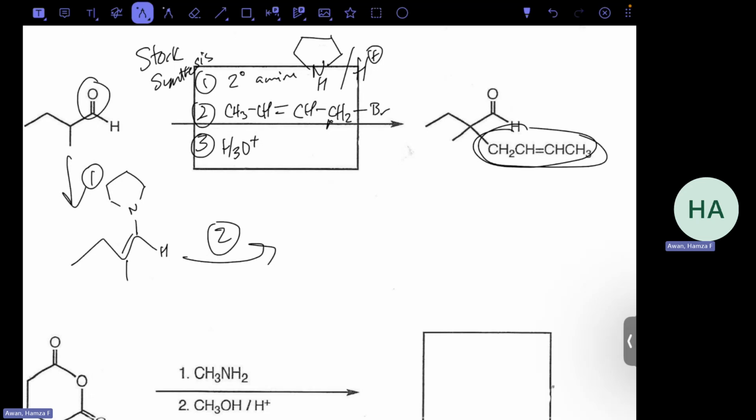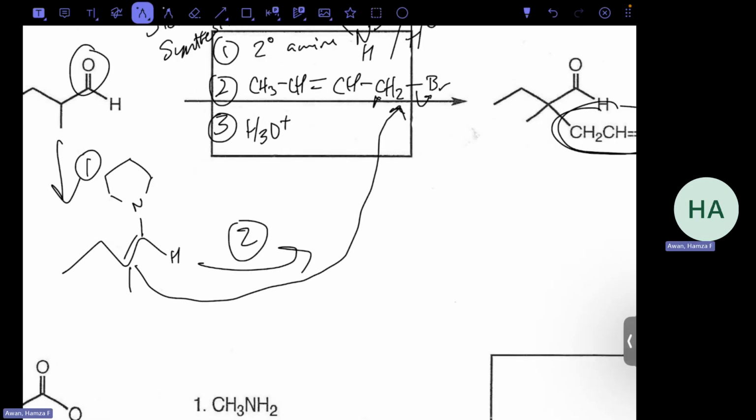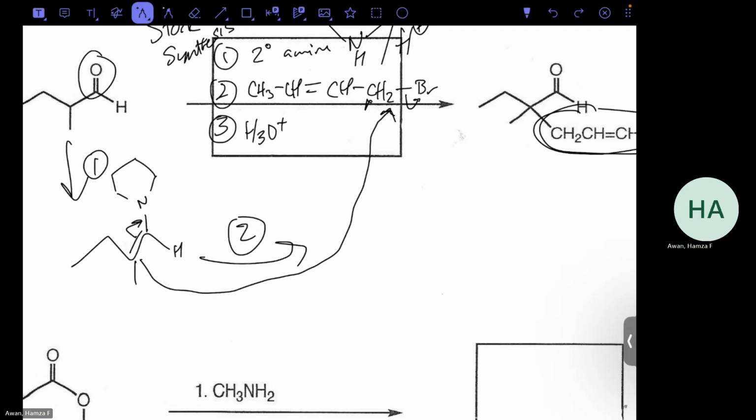So what we are gonna have is that this double bond is gonna come and attack this CH2, right? And then this Br is gonna leave. And then this other double bond is gonna create an imine. So we have our imine with our nitrogen with a plus charge now, right? That's gonna be the product of our second step.